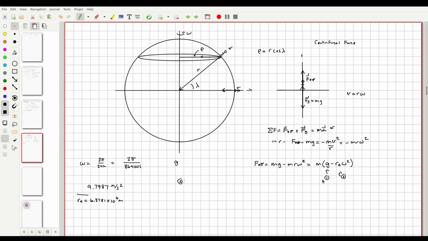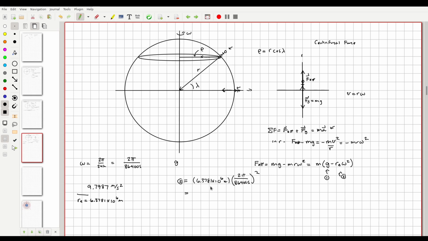So here, part 2, this other equation over here, when you calculate this, it would be 6.3781 times 10 to the 6 meters times 2 pi over 86,400 seconds, and you've got to square that. So, let's see here.